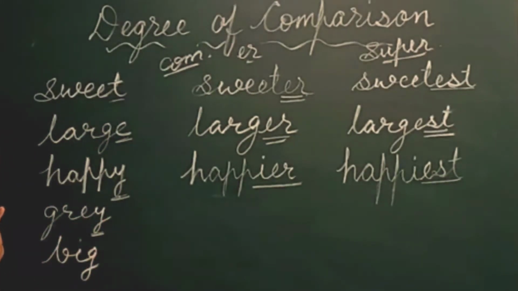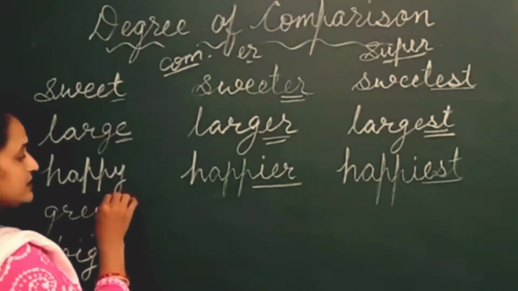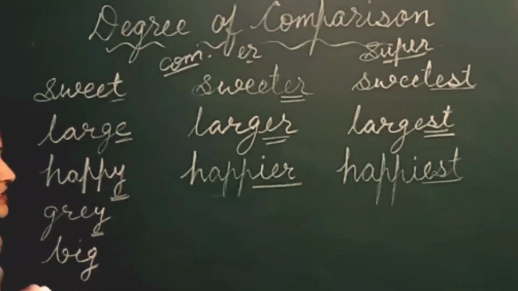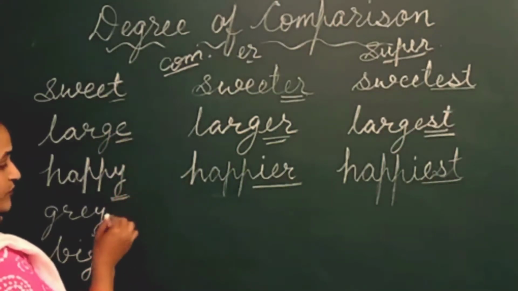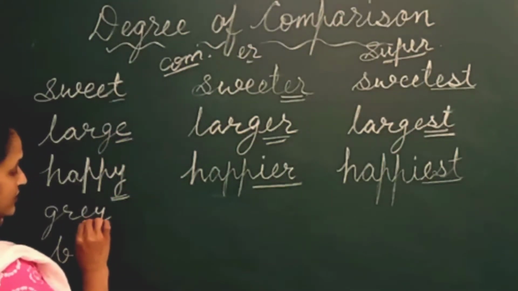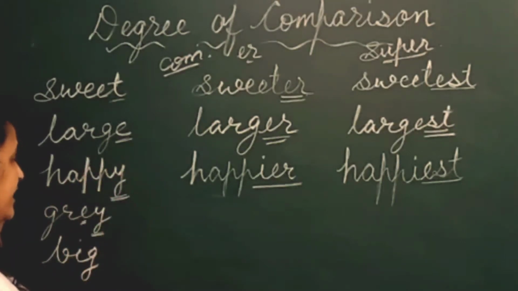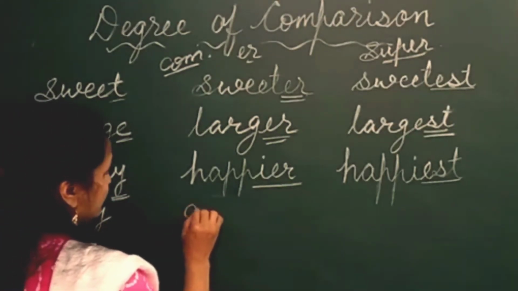Next is again y. As you know, there are two rules to make the plural of a noun when it ends with y. So if before this y any vowel is there, we use only er.